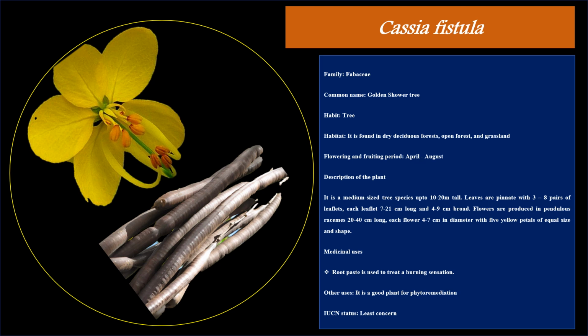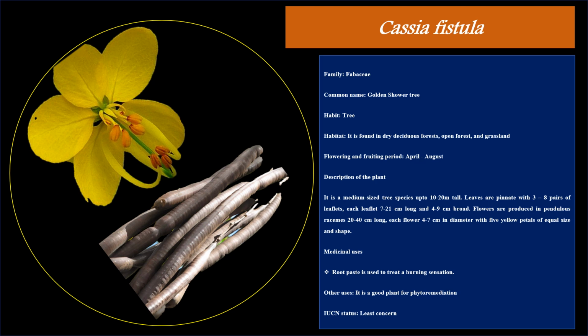So the flowering and fruiting period is from April to August. And as I have told now, the name signifies its own character, golden shower tree. In the flowering season you will see very chandelier-like flowers present on it, and it is a tree species.